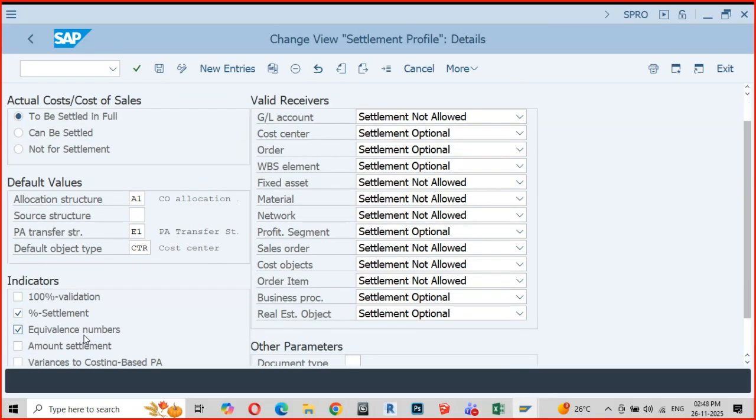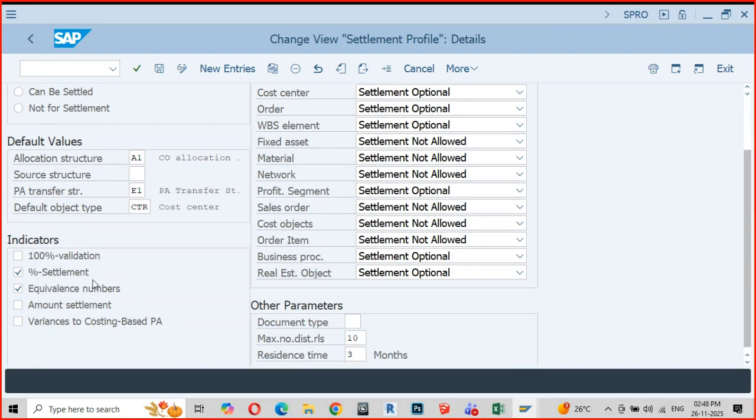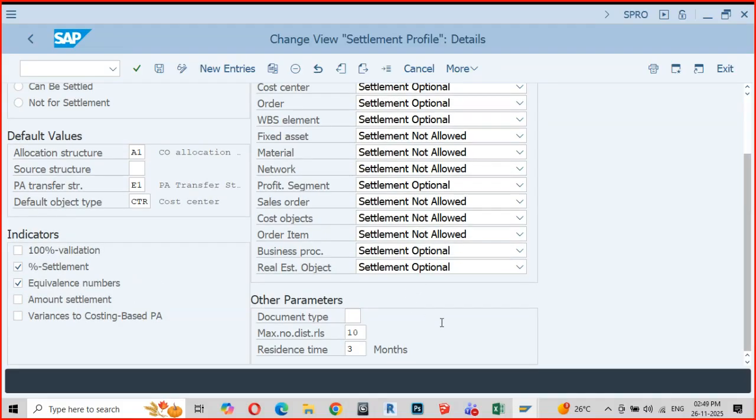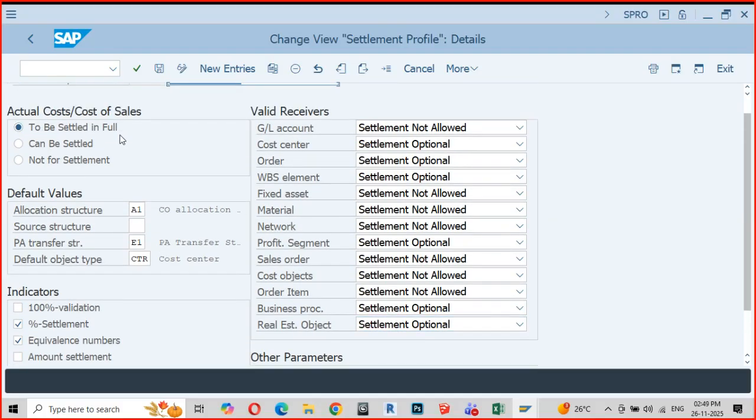Now do you see percentage settlement? So this is exactly where we define what is the percentage of settlement. Clear? There should be something also to be settled in full, can be settled, not for settlement. So we saw the valid receivers also.